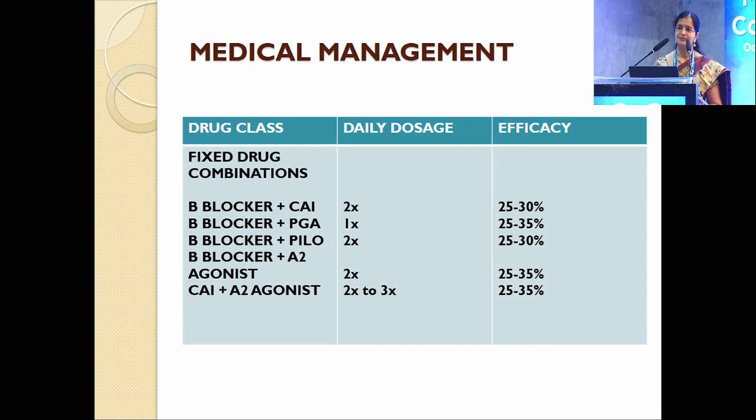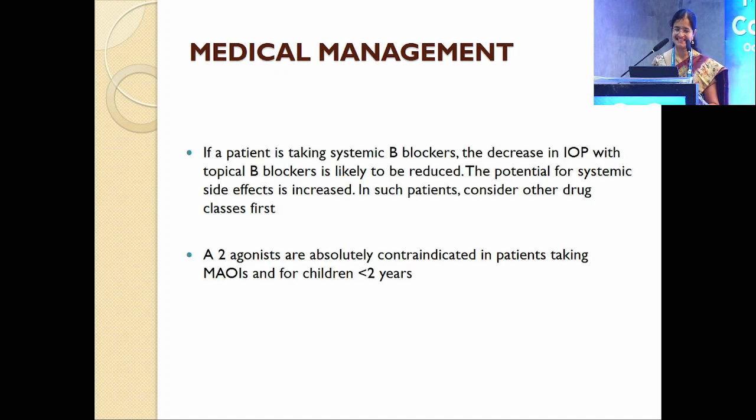Although some people think that with a fixed drug, the drugs may not act as well as when given individually, that's okay, because the number of instillations comes down, adherence increases, and even exposure to the preservative decreases with fewer drops. So I kind of like fixed drug combinations.